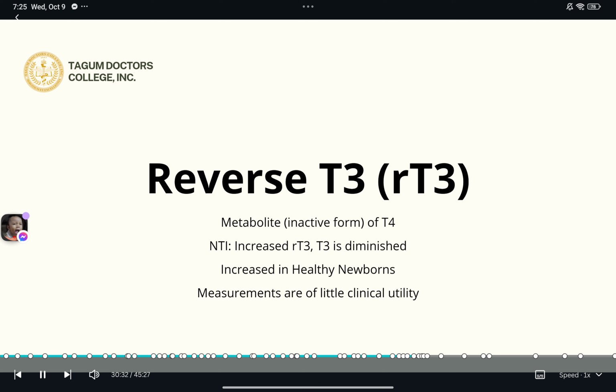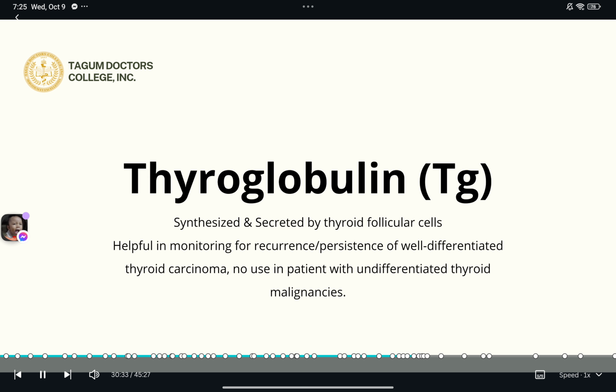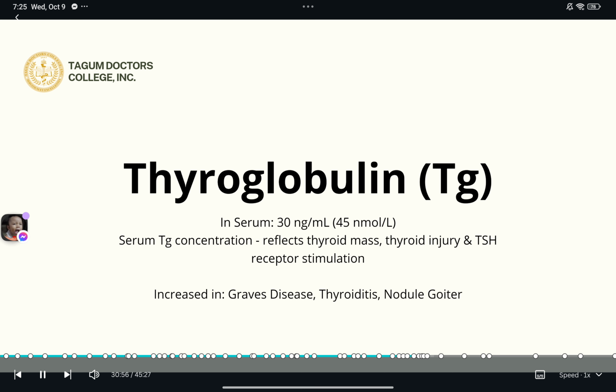Next, we have our thyroglobulin or RTG. Okay. It is synthesized and secreted by thyroid follicular cells and helpful in monitoring for recurrence or persistence of well-differentiated thyroid carcinoma. It is of no use in patients with undifferentiated thyroid malignancies and also in serum na siya ay 45 nanomole per liter. The serum thyroglobulin concentration reflects thyroid mass.